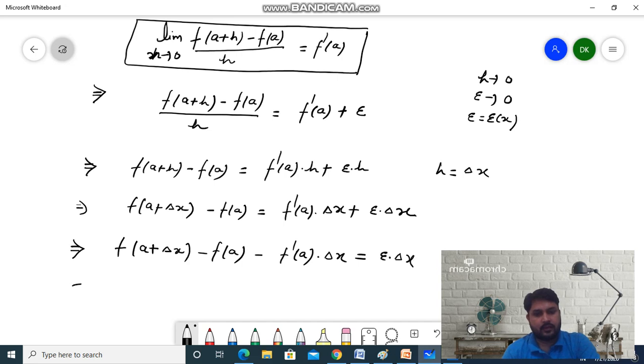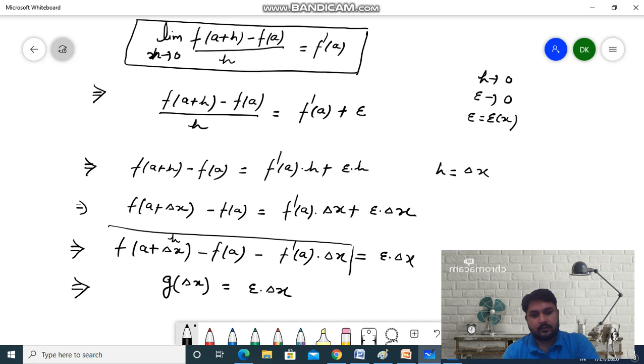If we suppose this is h, then this becomes a function of del x, and we give this function the name g.